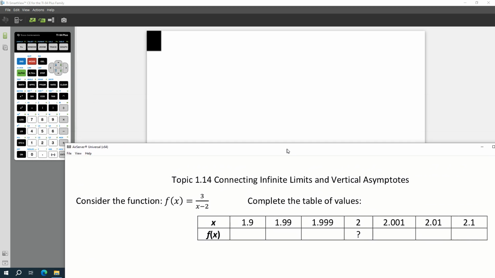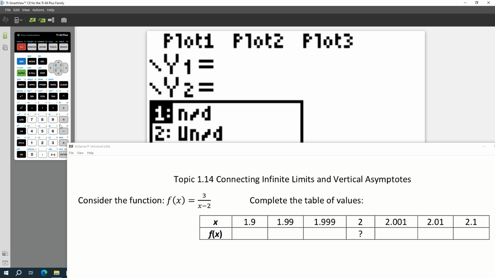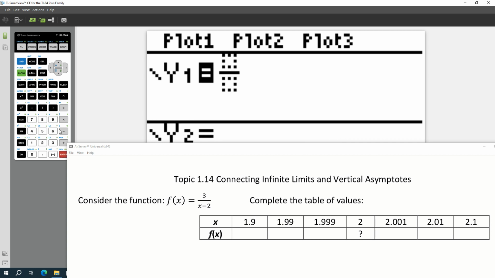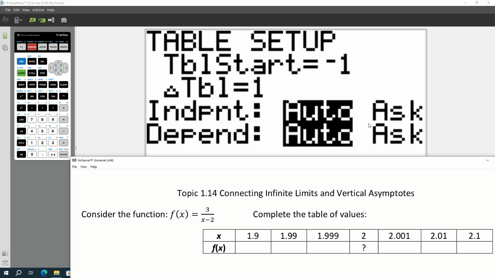Anytime you want to do a table of values, you're going to go to y equals, and then type in the function. Okay, and then I'm going to hit second window to get to table set, and I'm going to change it to ask for the independent variables, because these decimals aren't going to show up on a normal table.